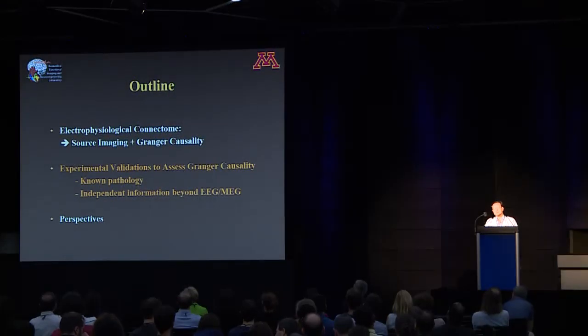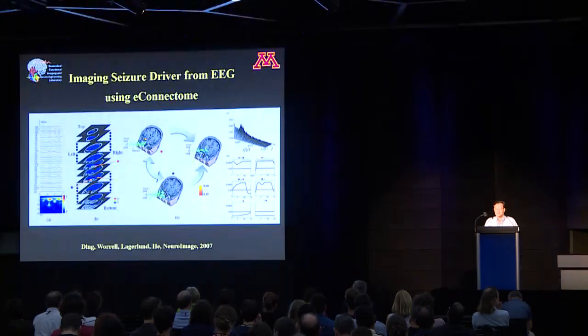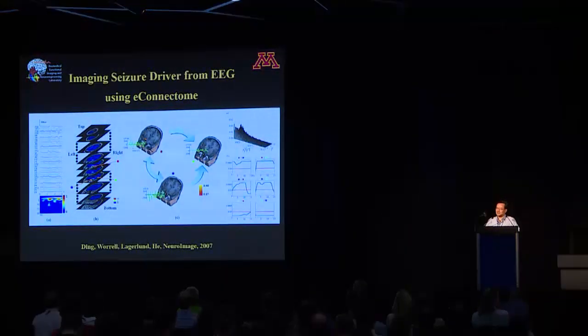Now the question really is, can we trust such totally non-invasive functional connectivity, or even causality estimation and results? How could we know? One of the philosophies we have taken is to perform experimental validation, and in particular we use the epileptic network as a testing bed, not to mention it has a direct clinical application.